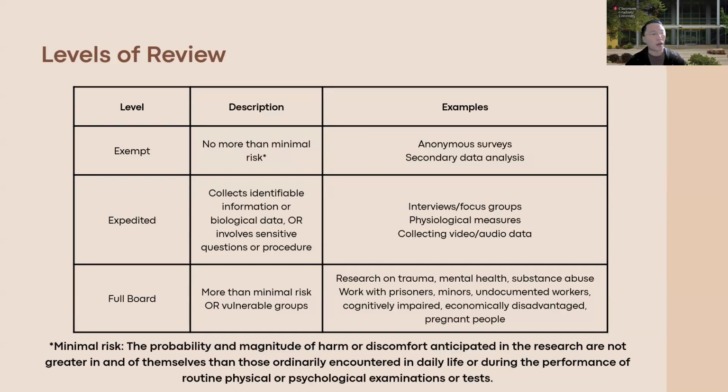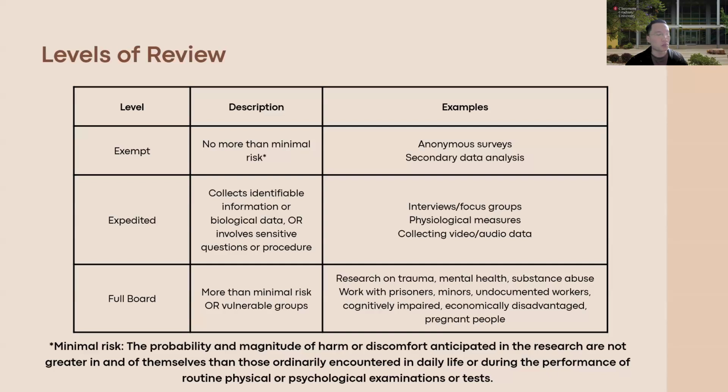And on top of expedited, there's also full board review. Full board review happens when the research involves more than minimal risk, so more than the risk people experience in their daily life. Full board review can also be required when the research participants involve vulnerable groups.